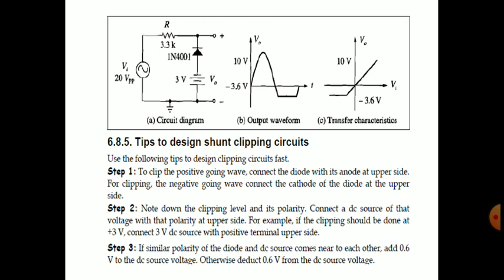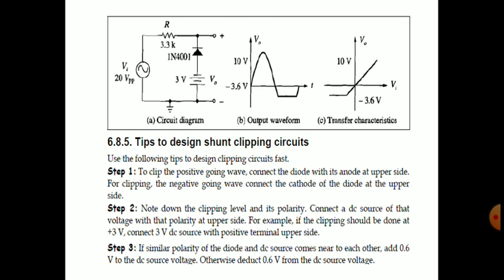Step 3: if similar polarity of the diode and DC source comes near to each other, add 0.6 volts to the DC source voltage. Otherwise, deduct 0.6 volts from the DC source voltage, because 0.6 is the cut-in voltage of a practical diode, in the case of silicon. In the laboratory, and in the real world also, we are using practical diodes.